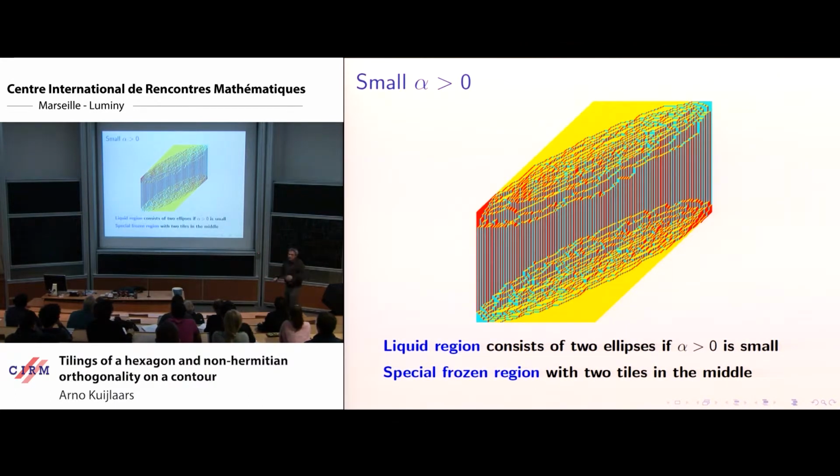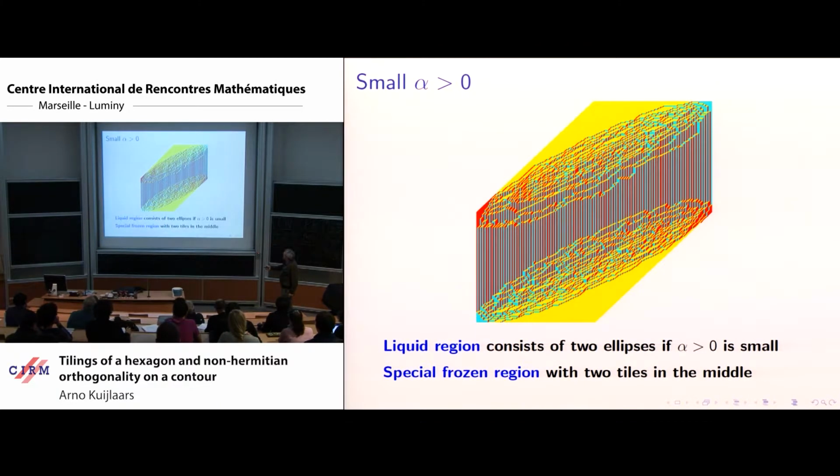And so you have two disjoint regions where we have a non-trivial phenomenon. And these turn out to become, in the large n limit, two ellipses. They are tangent to the sides of the hexagon.